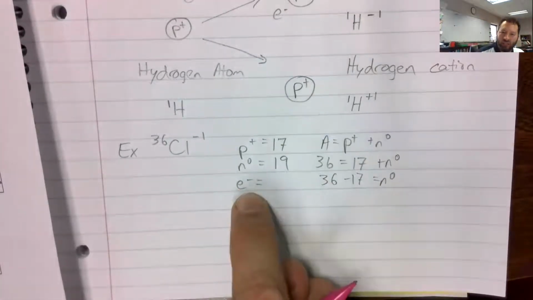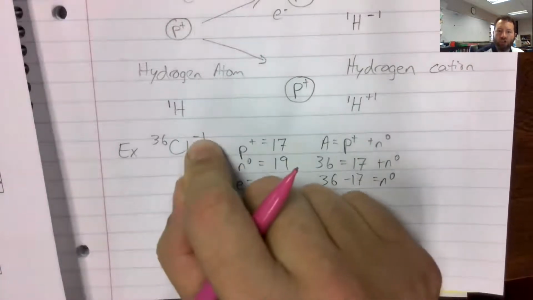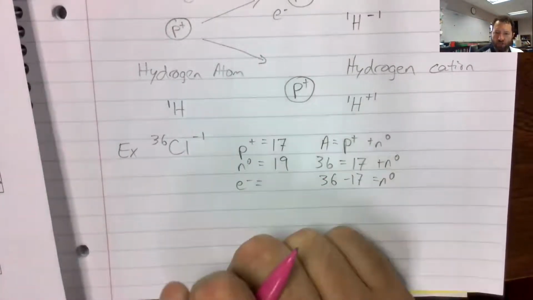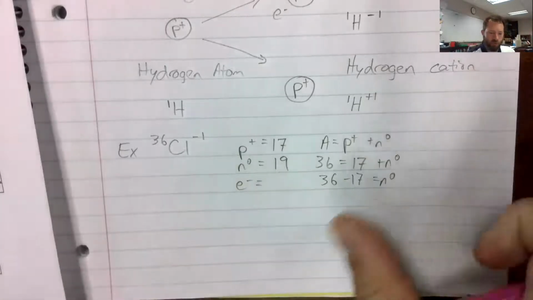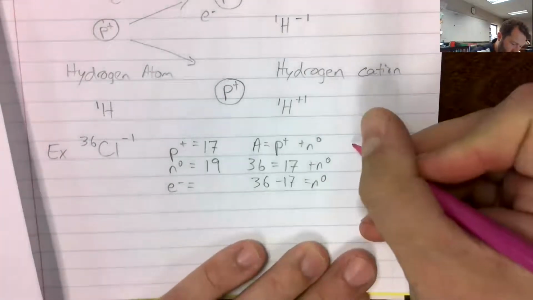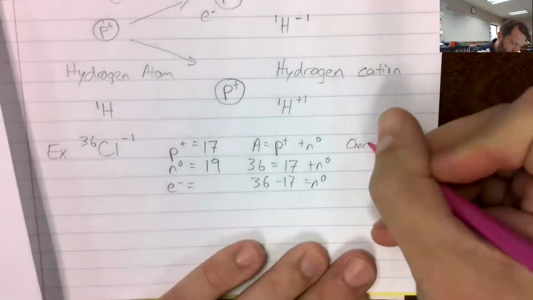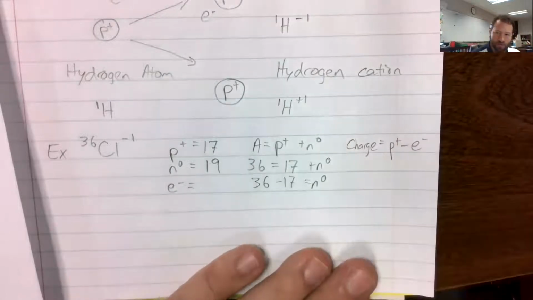Finally, to get my electrons, you can say, well, we have one more negative charge than positive charge. If you prefer to see that mathematically, the charge is equal to protons minus electrons.